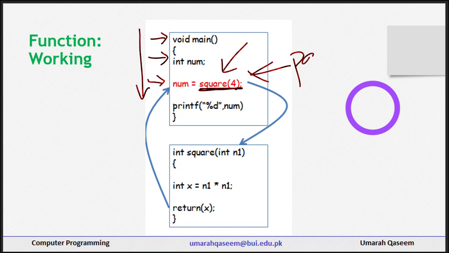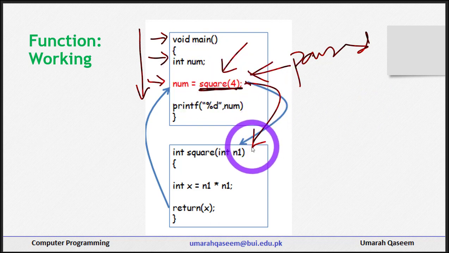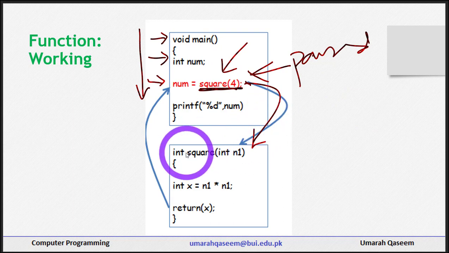From this point, the control flows to the function down below. Square is called, so the control will go to the function square. And these lines of the code will start running.